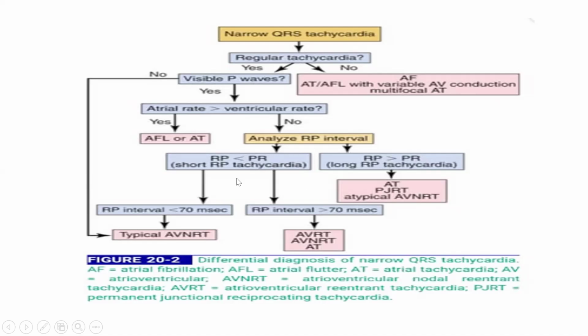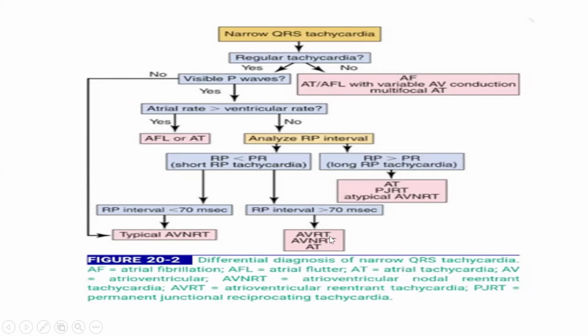Now, the classical diagnosis for a short RP interval is a typical AVNRT. Typical AVNRT simply means that it's using the isthmus as the area that is generating the tachycardia.